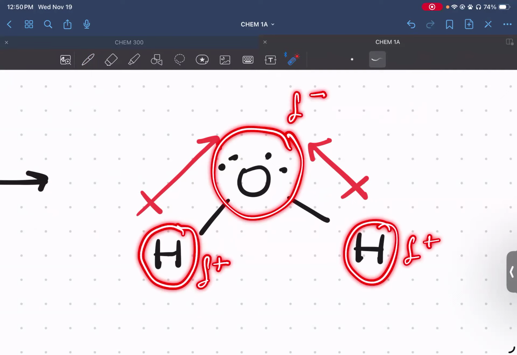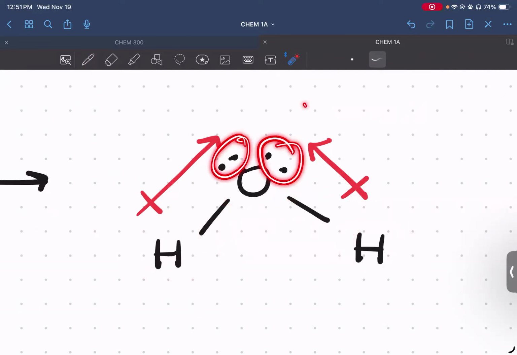Visually, this should make sense because you're like, well, yeah, the oxygen has the lone pairs. Of course, it's going to be slightly negative. But the analysis of such molecules really comes down to that uneven distribution.